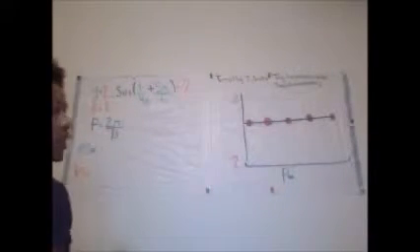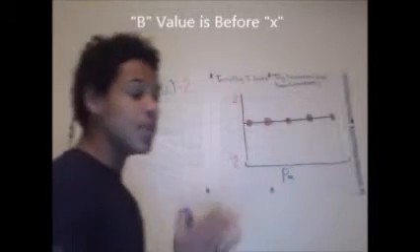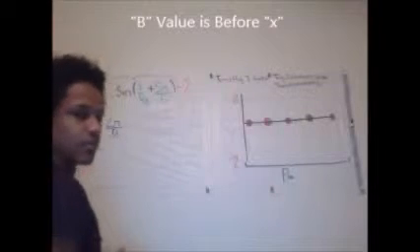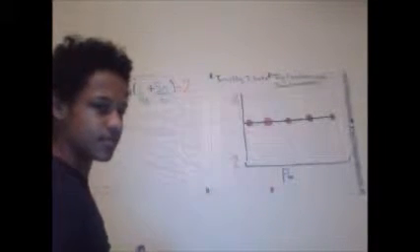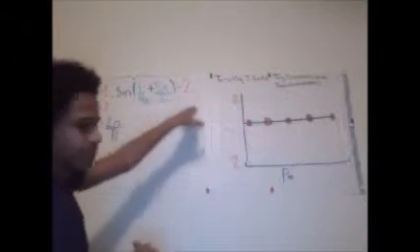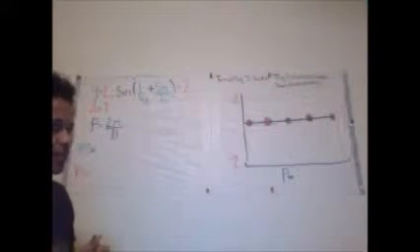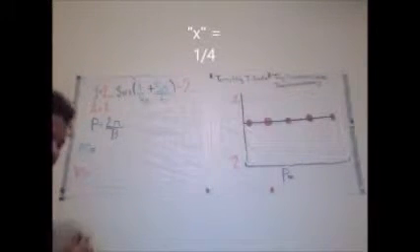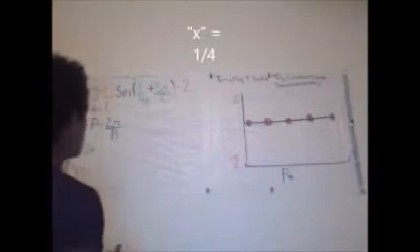Our b value is always before our x. We only have one x in this formula, okay? Can you see where it is? Oh, and if it's before, you are correct.